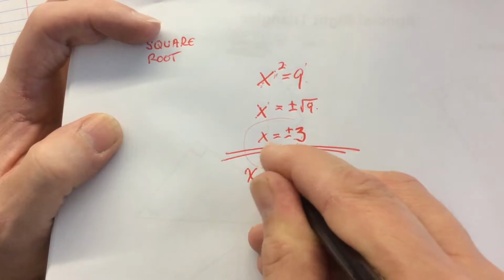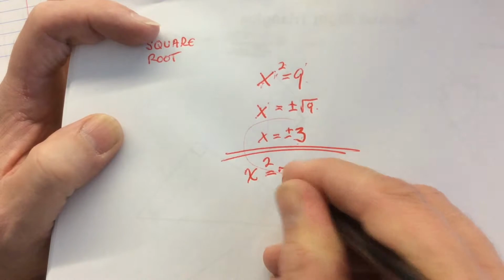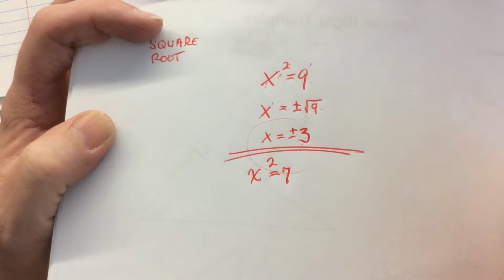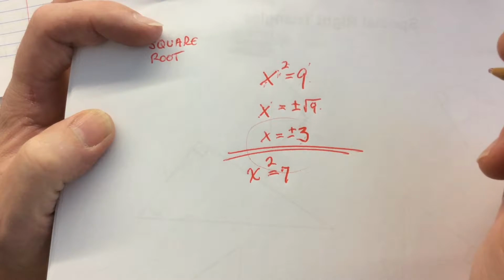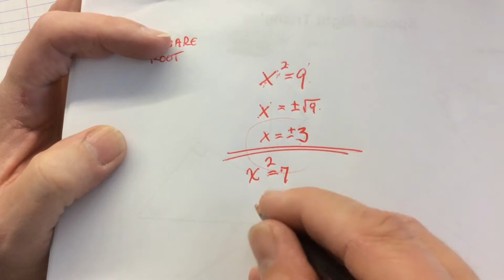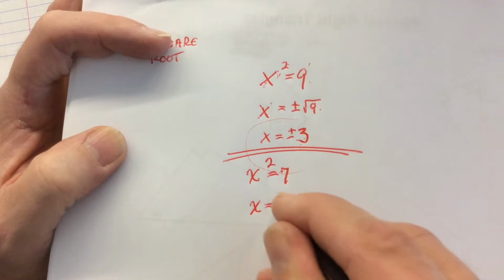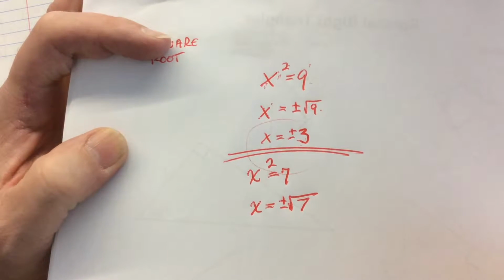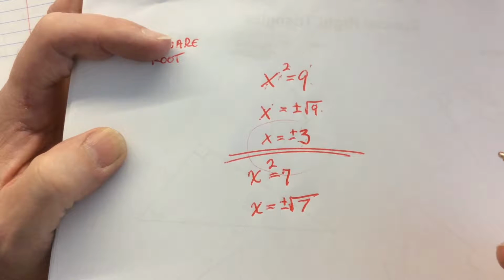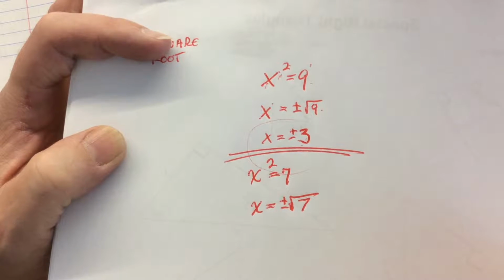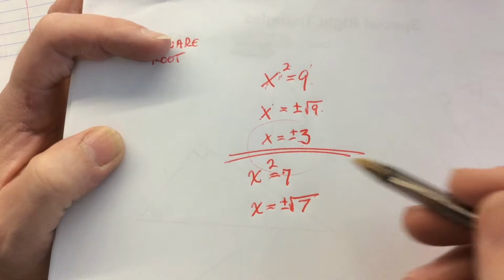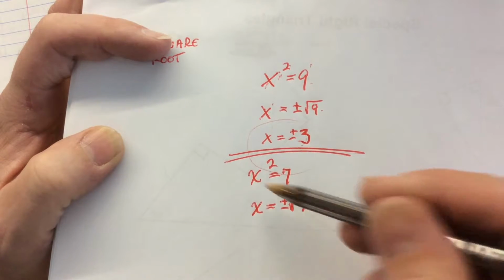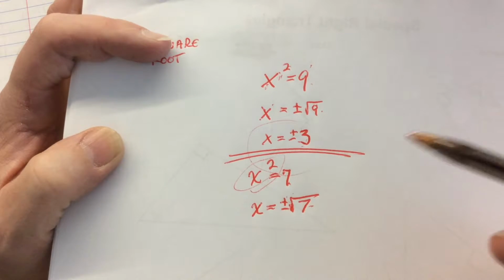A problem that looks like this really isn't any harder to solve, because you just take the square root of both sides and you're done. That's the solution. Plus or minus the square root of 7, because if you square it, you get 7.